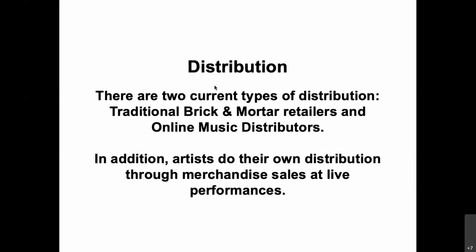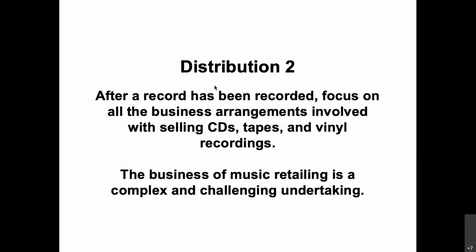But brick and mortar also does entail your merch table, because that's physical. So when you're thinking about your merch table, that's really the brick and mortar we're talking about as well. Artists do their own distribution through merchandise sales at live performances. Yes, that's the merch table. And we'll talk more about the merch table in another class.